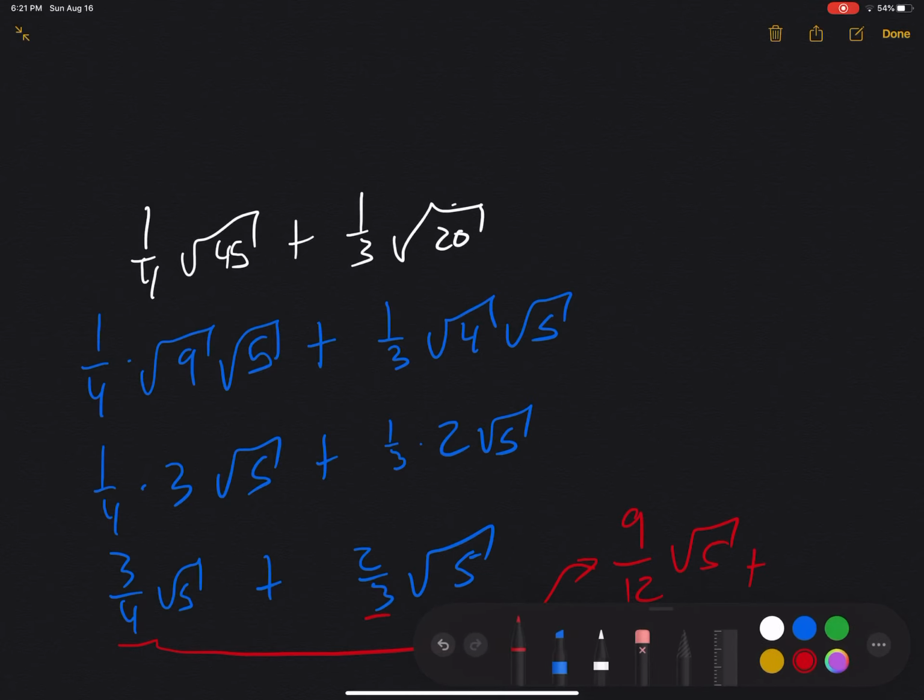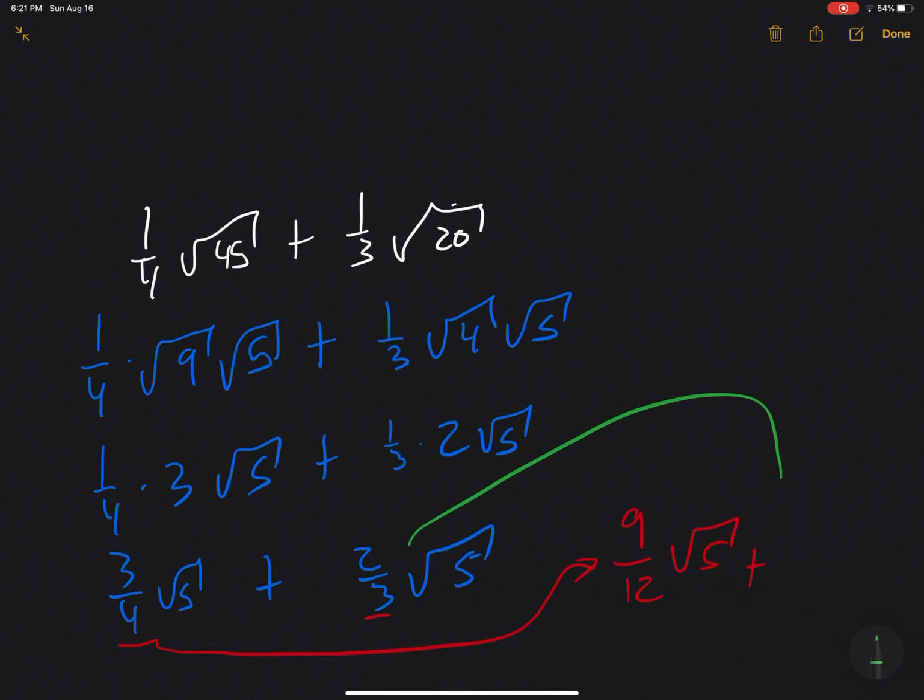And then this term over here, the 2/3 root 5, we multiply the 3 by 4 to get to 12. 2 times 4 is 8. And 9 plus 8 is 17 over 12 root 5.